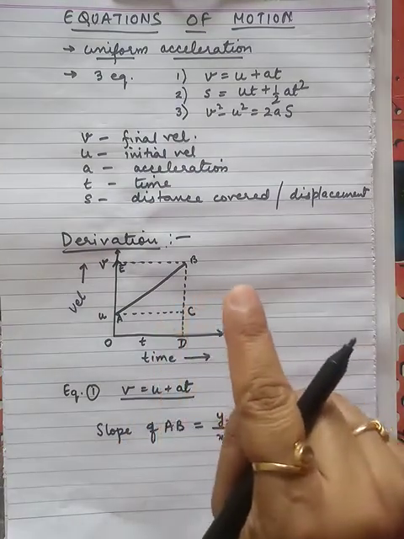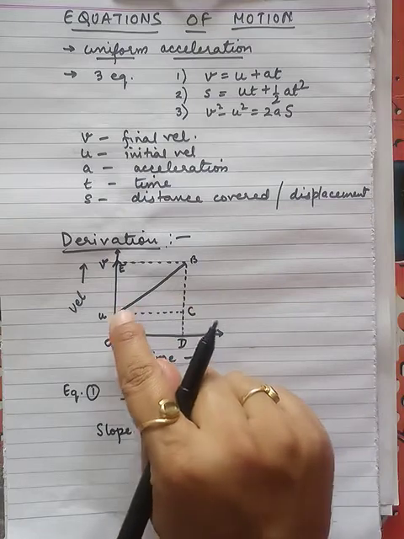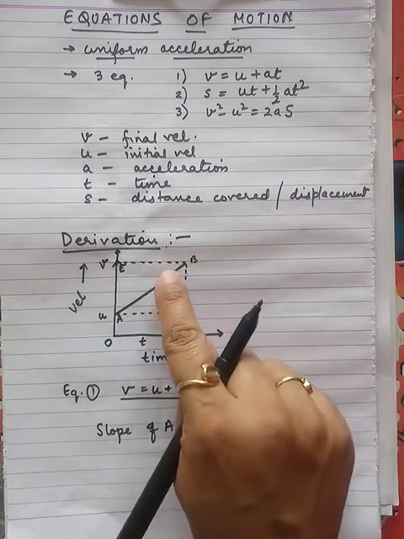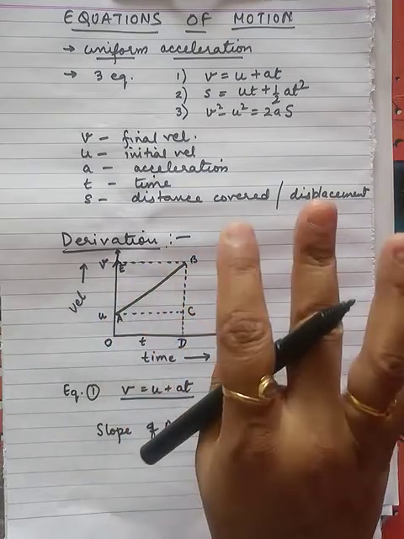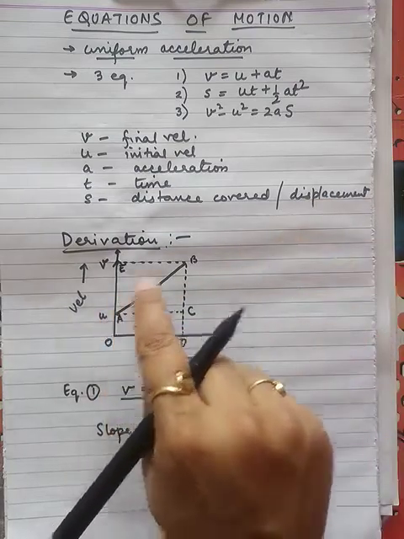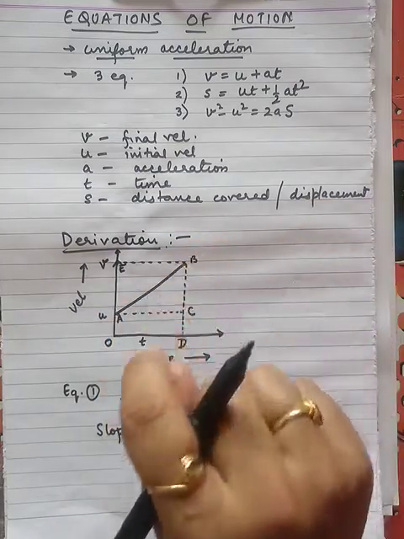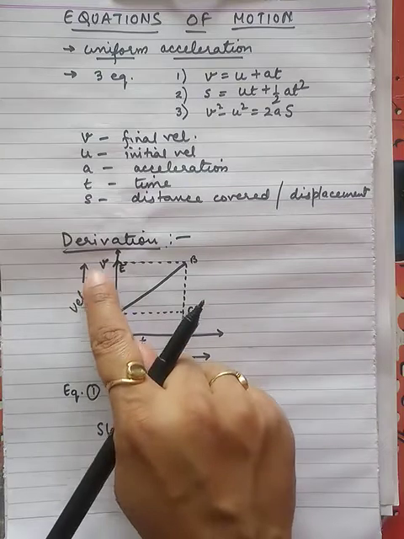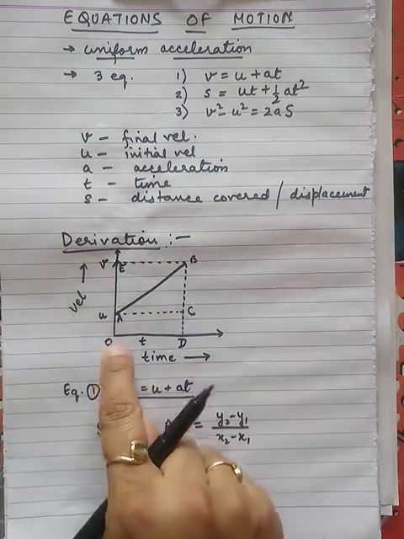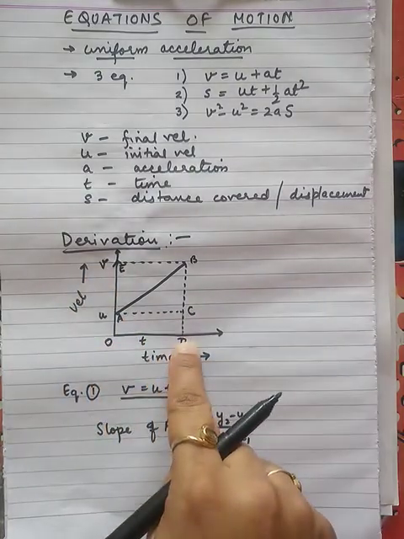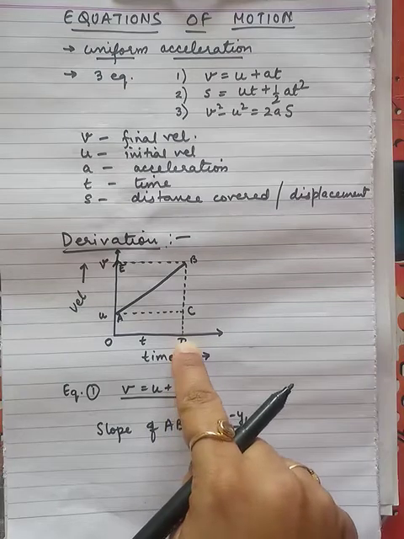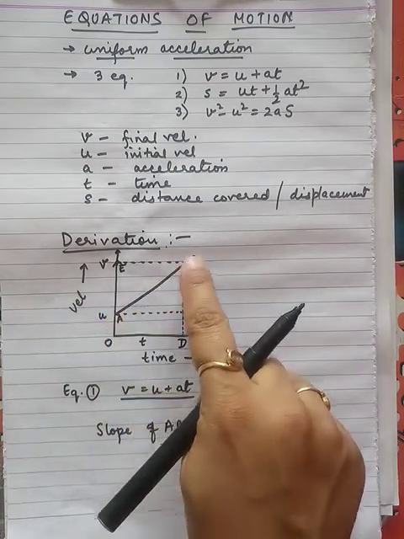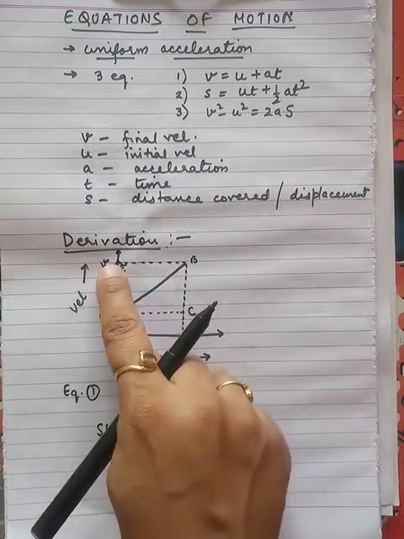Now y2 is the second point of the graph. So the graph is this much. We do not know the middle values, so we will consider the first and the last value, that is point A and point B. We know the values at points A and B, and we know the values on the x-axis also. So what is the second point? B is the second point, so this will be your y2.